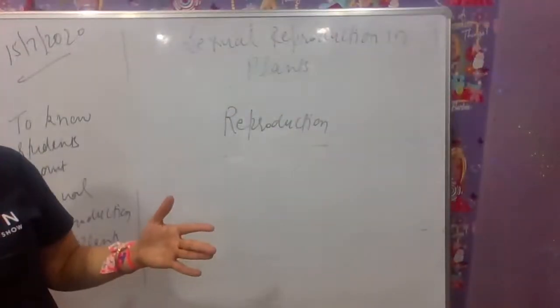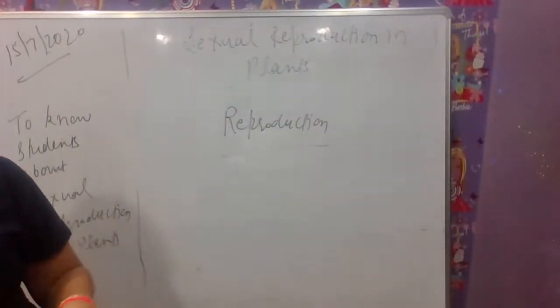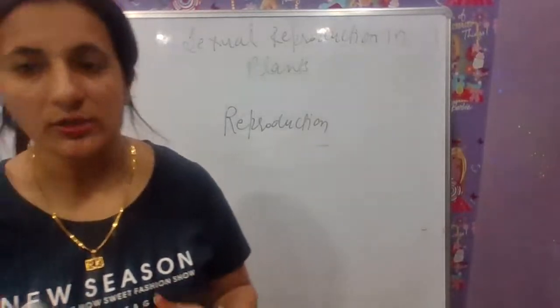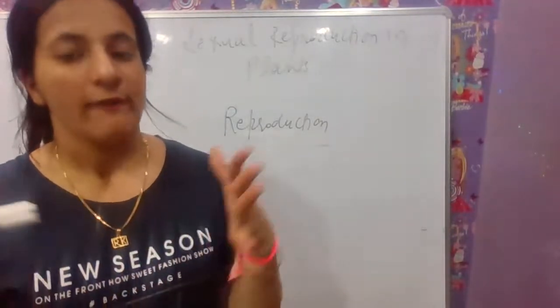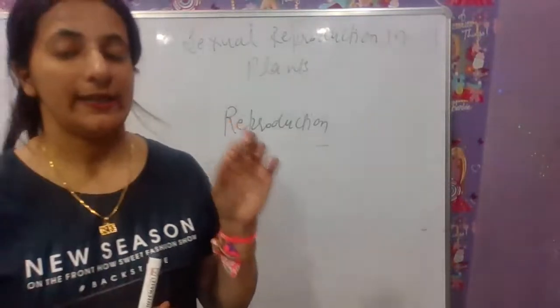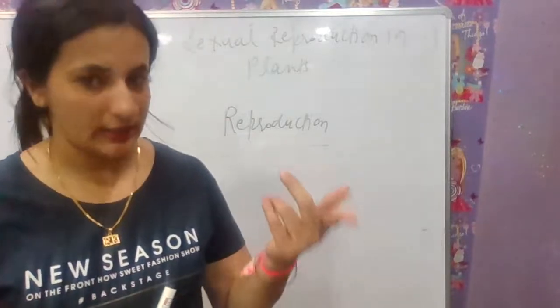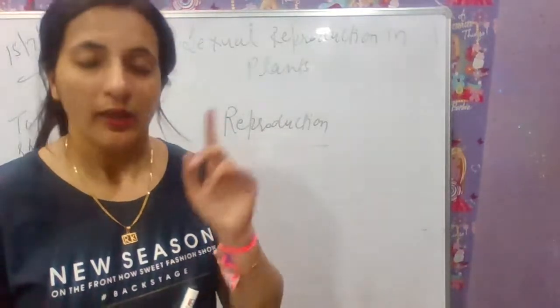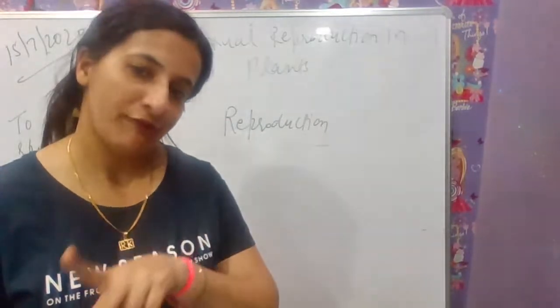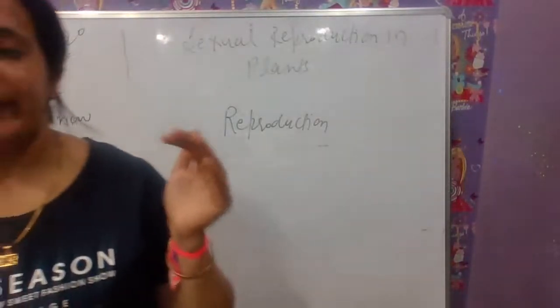Now we discuss sexual reproduction. What do you mean by sexual reproduction? It is a type of reproduction that involves fusion, fertilization of gametes. It involves sex cells, gametes, like in humans, sperm in the male and ovum in the female. It is biparental.